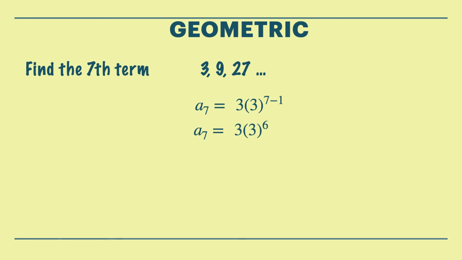You are going to need your calculator. Remember that it's not 3 times 6, it's 3 times itself 6 times. So 3 to the 6th power is 729. So 3 times 729 is 2,187. So the 7th term of this geometric sequence, 3, 9, 27, is 2,187.